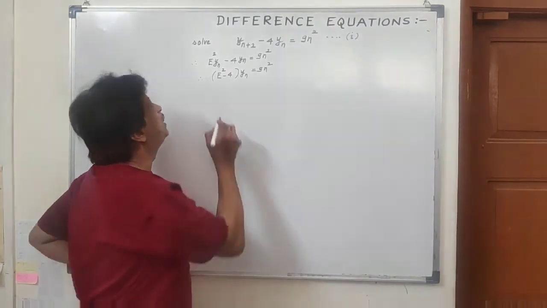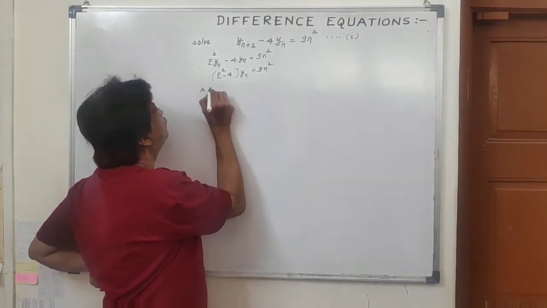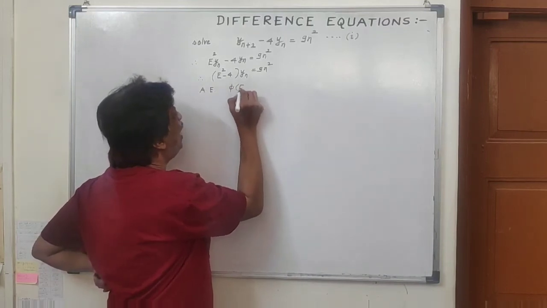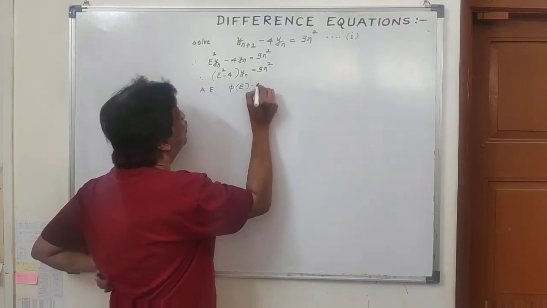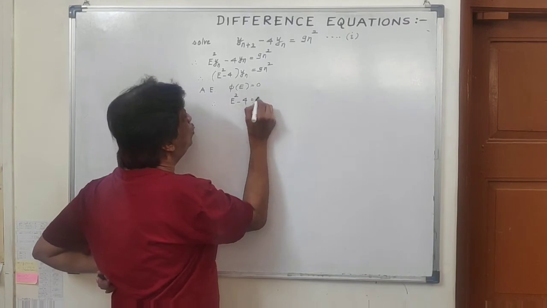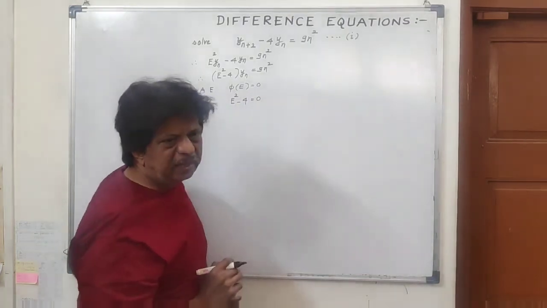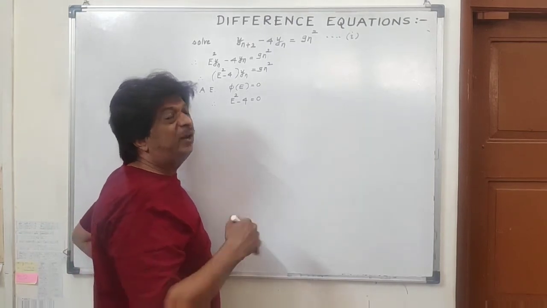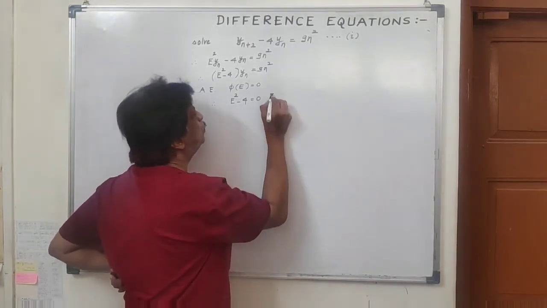The auxiliary equation is, what is the auxiliary equation? The formula is phi of E is equal to 0, which is here E square minus 4 equal to 0. It gives us E equal to plus or minus 2.